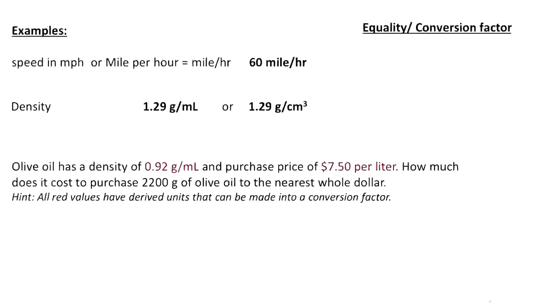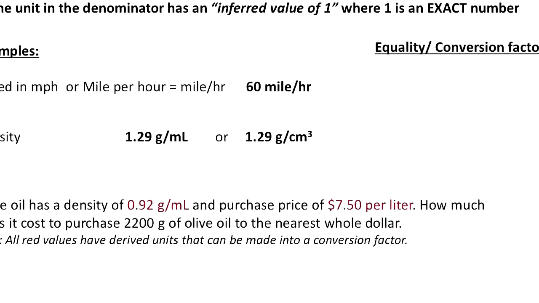All right, so this is one of the applications of dimensional analysis. We grabbed a bunch of conversion factors and equalities from what was given in the question, or metric prefixes or definitions. But there's another way we can collect equalities too, and that's via derived units. Essentially, a derived unit is any unit that has a fraction in it.